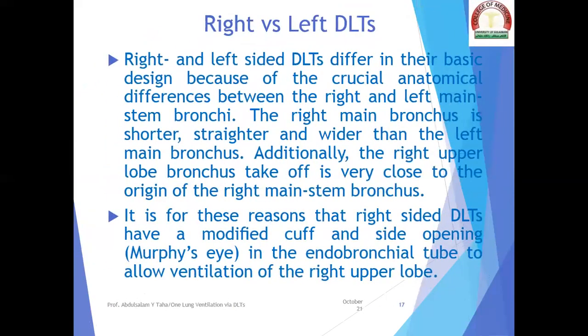It is for these reasons that right-sided double lumen tubes have a modified cuff and side opening called Murphy's eye in the endobronchial tube to allow ventilation of the right upper lobe.